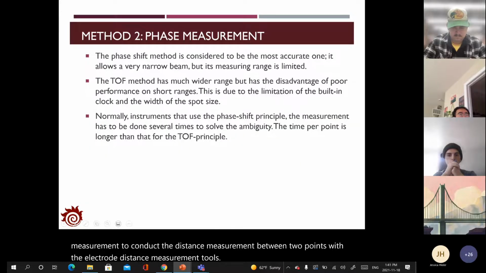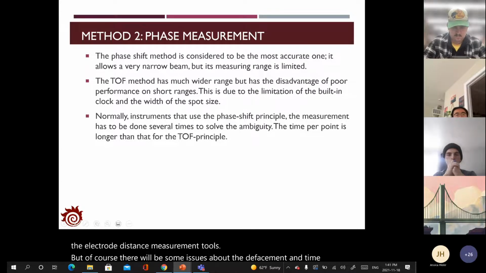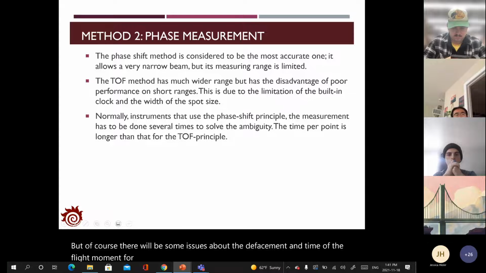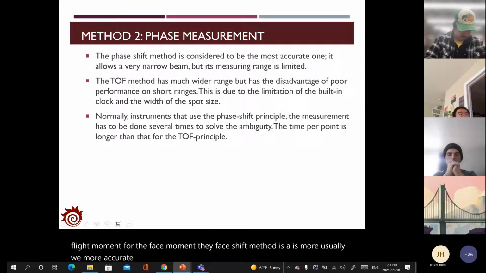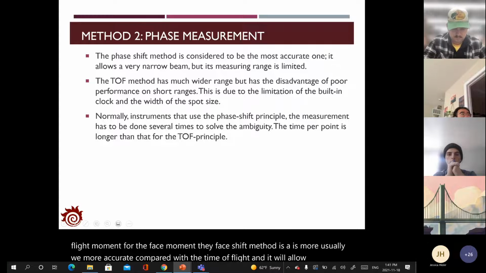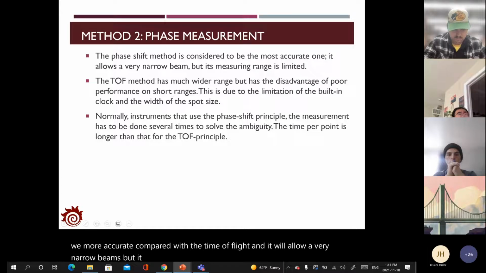But of course, there will be some issues about the phase measurement and the time of flight measurement. For the phase measurement, the phase shift method is usually more accurate compared with the time of flight, and it allows very narrow beams, but the distance it can measure is limited.